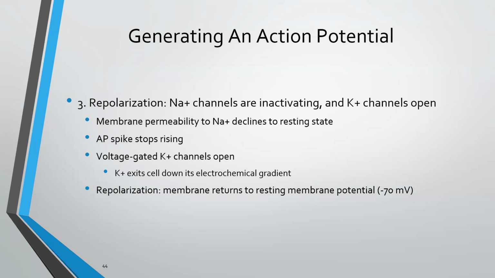It exits down the electrical gradient to repolarize, to rebalance that membrane, and it gets back down to -70 millivolts again. So repolarization restores the resting membrane potential, and it happens when sodium channels are closed, potassium channels are open, and that allows potassium ions to exit the cell.